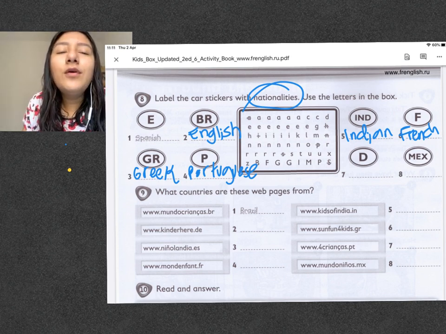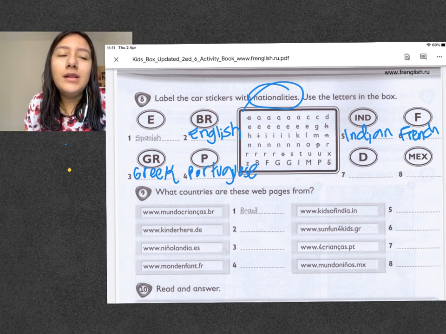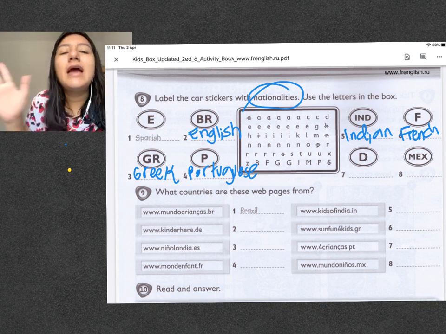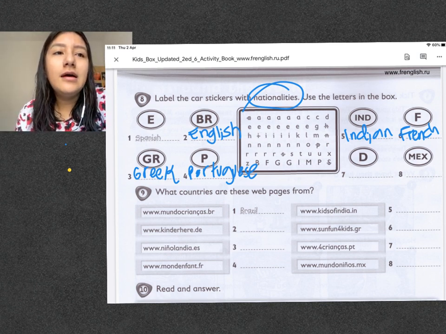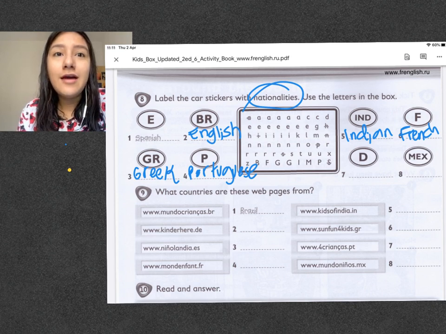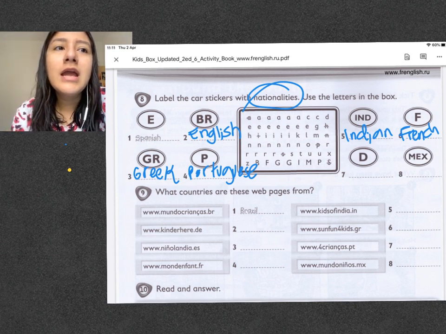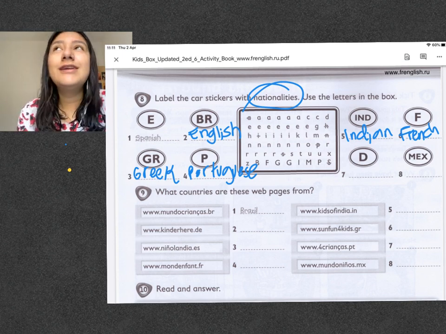Okay. Remember that each country has its rules, and these little letters that we have here to represent them are used internationally.